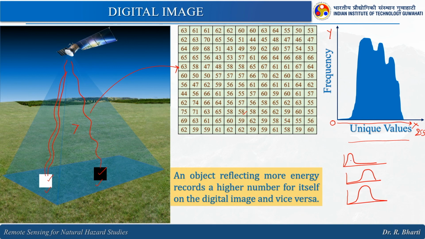So if you have this kind of histogram which is skewed towards the lower values, right, remember, this is 0 to 255. Let me write this for all the axes.